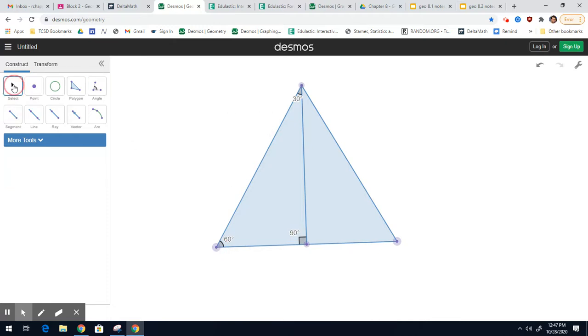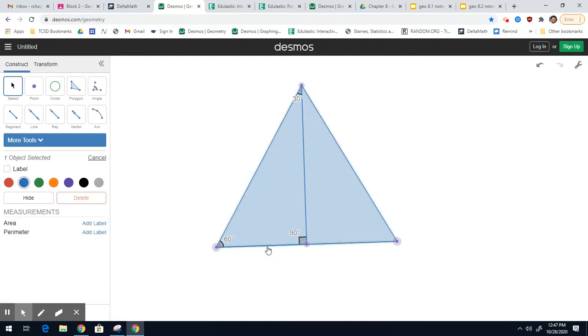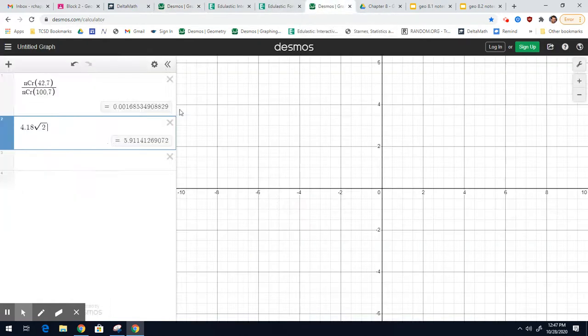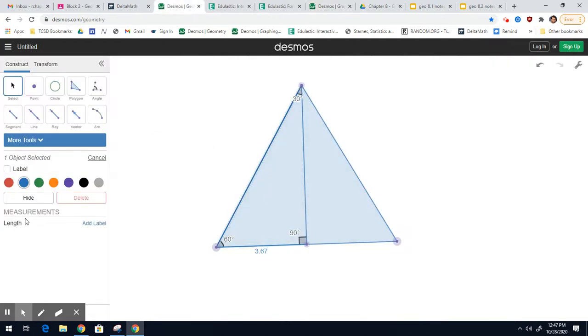So here's the first relationship. This leg right here we call the short leg. I'm going to make a segment and measure that short leg. 3.67. The hypotenuse should be roughly 2 times that short leg. So let's go into the Desmos graphing calculator. Let's go 2 times 3.67. That's 7.34. And there you go.